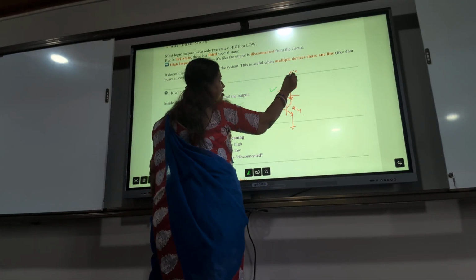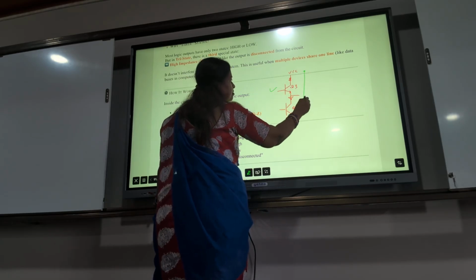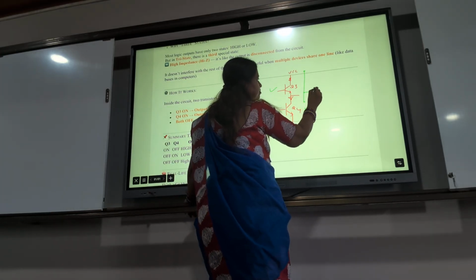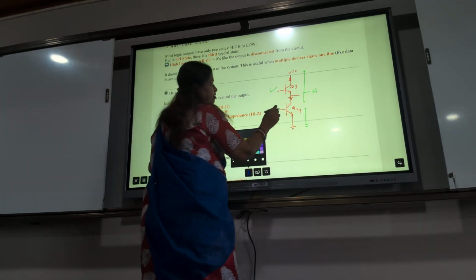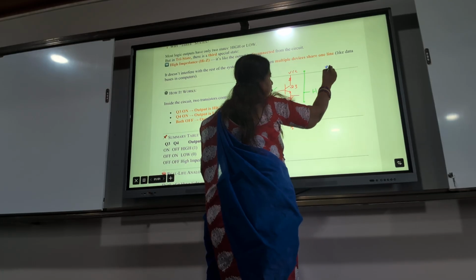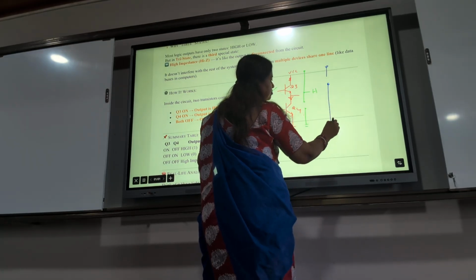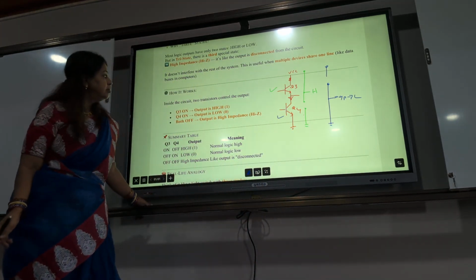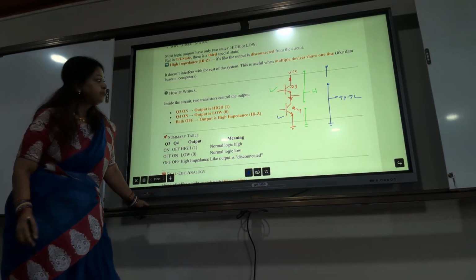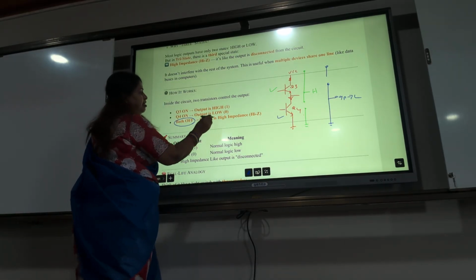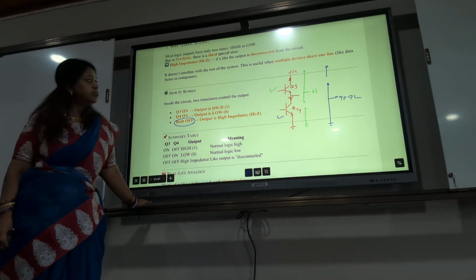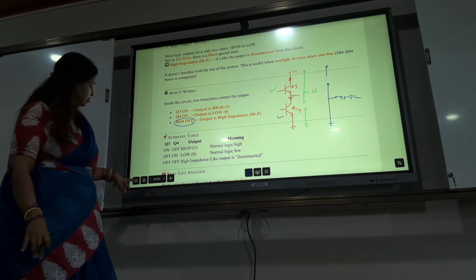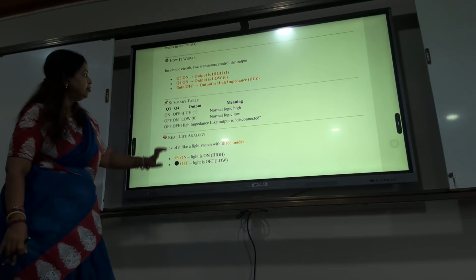When Q3 is on, the output is high. When Q4 is on, the output is low. When both are off, we get the tri-state, which is the high impedance state. It will be like a disconnected output.